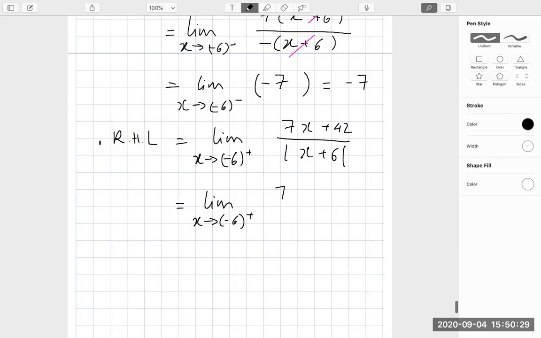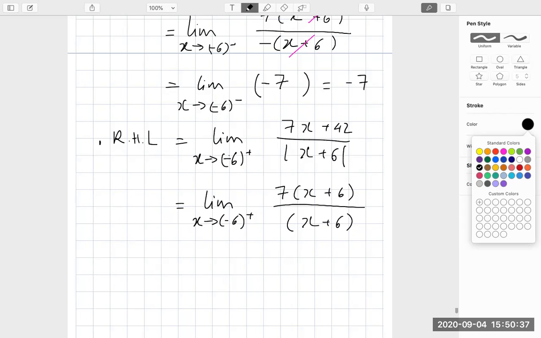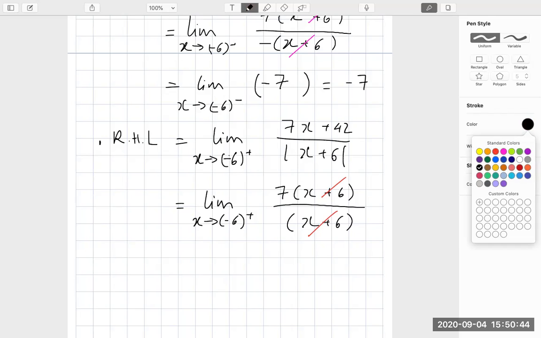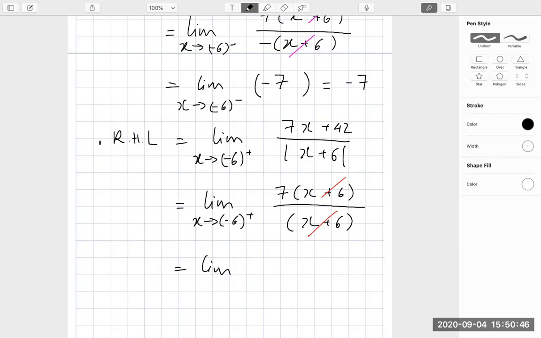And now we just factor as we did before. And the denominator is x plus 6, right? Yeah. Now, this cancels with this. So it becomes the limit when x approaches -6 from the right of 7, which is 7.